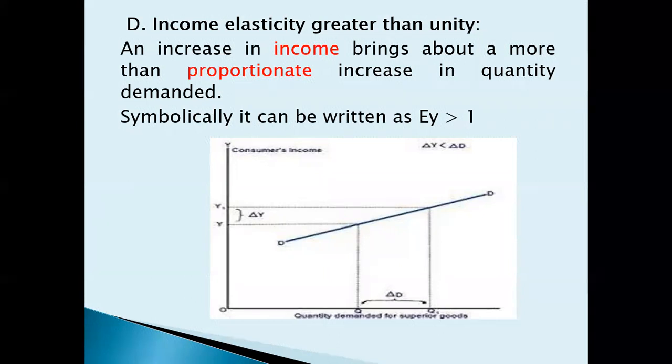Look at the delta x on the x-axis. Variations देखिए, proportion देखिए, delta y का proportion देखिए, और delta x का proportion देखिए. That is called income elasticity greater than unity.